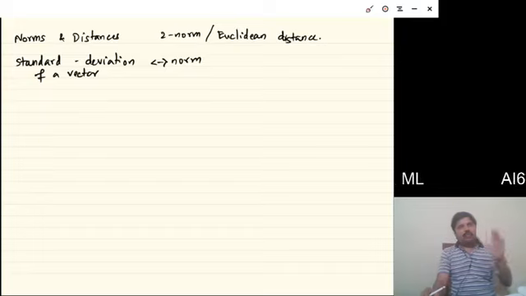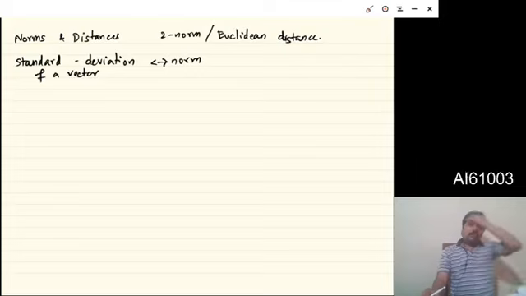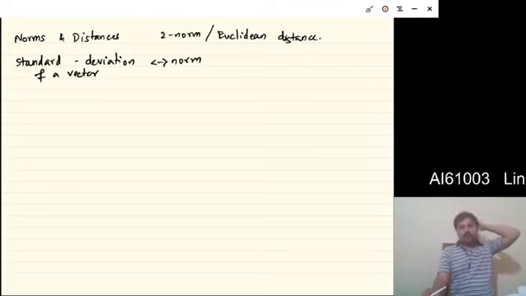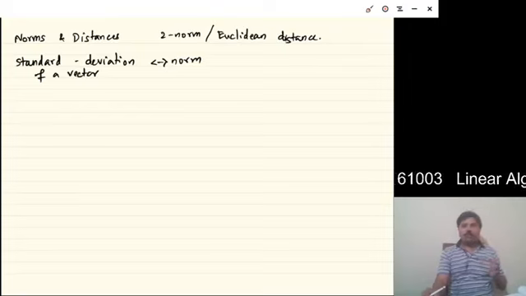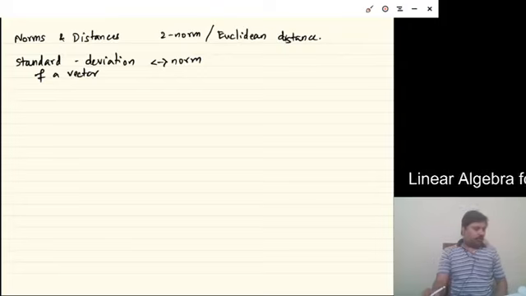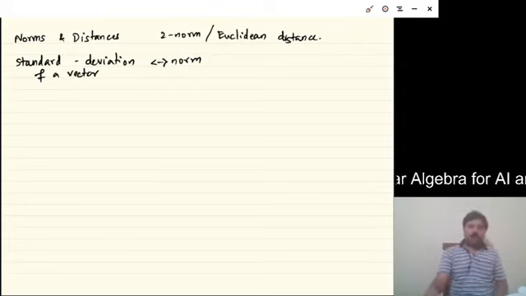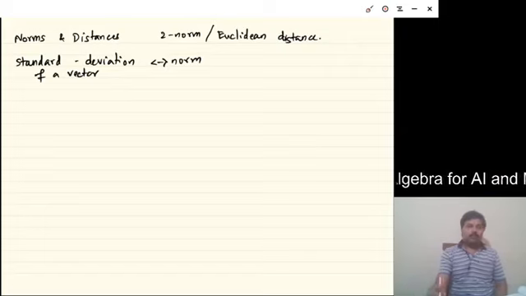So you demean it, you subtract the mean from the vector, you divide it by the standard deviation and make it a mean 0 variance 1 vector in order to subsequently put it through further analysis. So what is it that we are really doing here, and what are the linear algebra operations involved in this process is what we are going to see today.